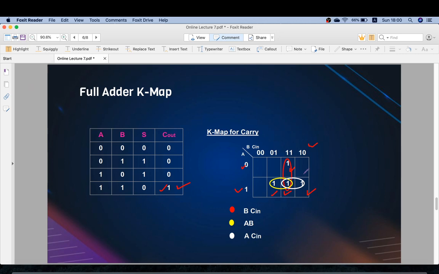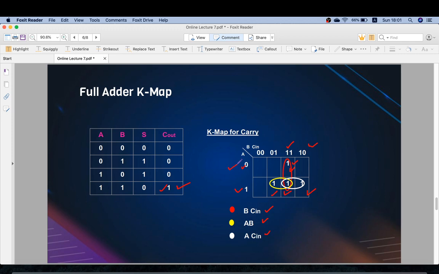First of all, we will do the grouping for this, and in this grouping we will do overlapping, and after overlapping and grouping we get 3 groups, and these are the output equations for this group. For this we will take 1, 1 and 0, 1.